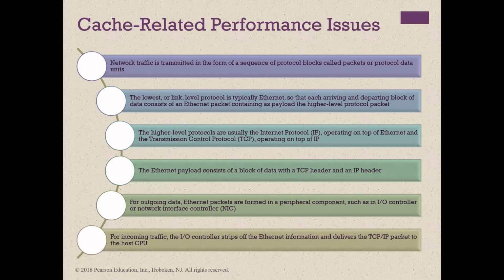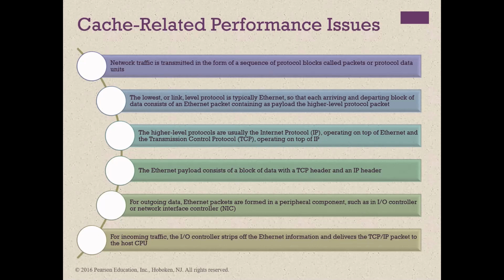The higher level protocols are usually the Internet Protocol, IP, operating on top of the Ethernet, and then the Transmission Control Protocol, TCP, which is also operating on top of the IP. Accordingly, the Ethernet payload consists of a block of data with a TCP header and an IP header.